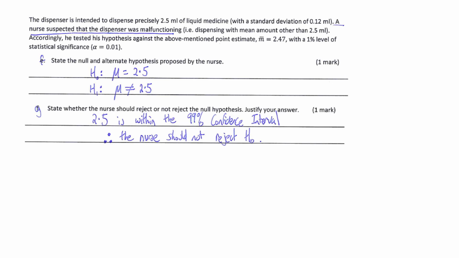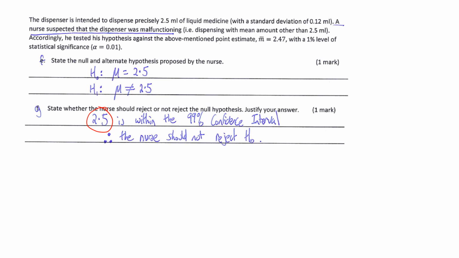All right. State whether the nurse should reject or not reject the null. Simply this: the 99% confidence interval that was given to you in the question was from 2.43 something up to 2.53 something. It contained the amount intended to be dispensed.